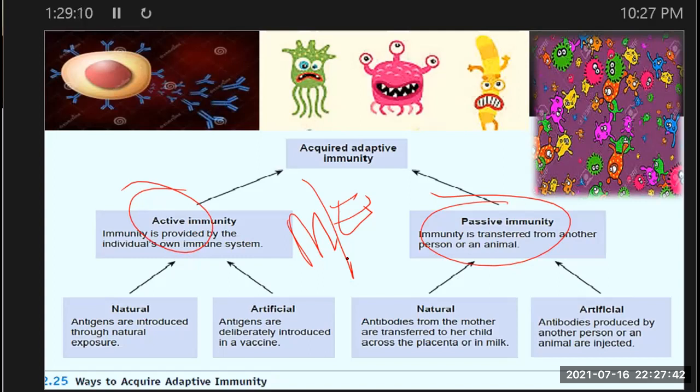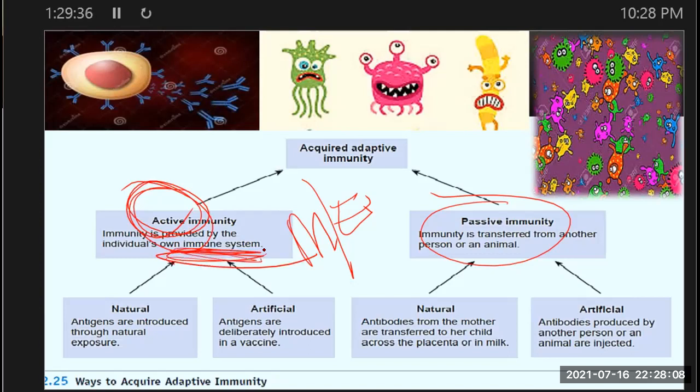When an individual is naturally or artificially exposed to an antigen, an adaptive immune system response can occur that produces antibodies. This is called active immunity because the individual's own immune system is the cause of the immunity. Meaning the immune system is working and producing antibodies.